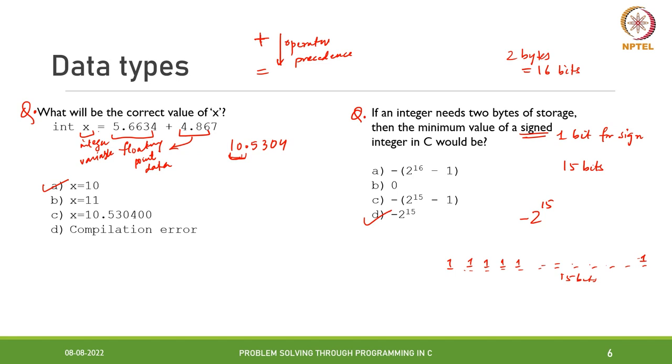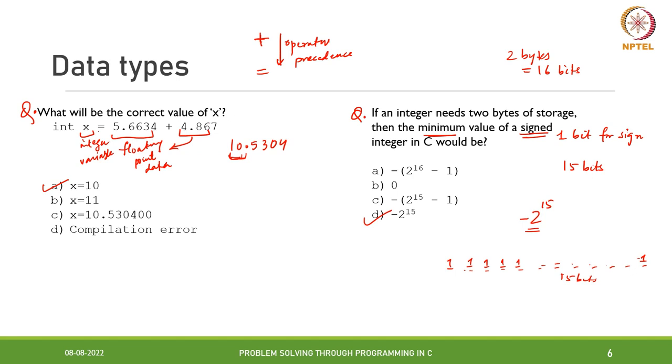Now if you calculate this number, you will have 2 to the power 0, 2 to the power 1, 2 to the power 2, and so on, and you will have a number which is basically 2 to the power 15, and minus, because we are asking about the minimum value. So this has to be a negative for sure.